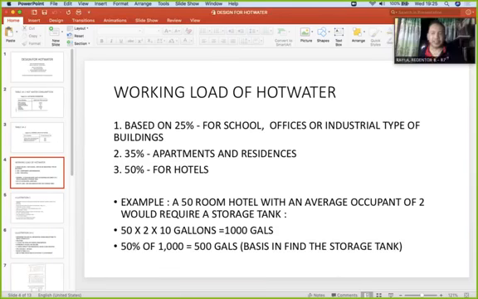But since it is a hotel, you need to deduct 50%. This is in finding the storage tank. So you reduce 50%, and the requirement is not 1,000 but only 500 gallons. That's good news, no?